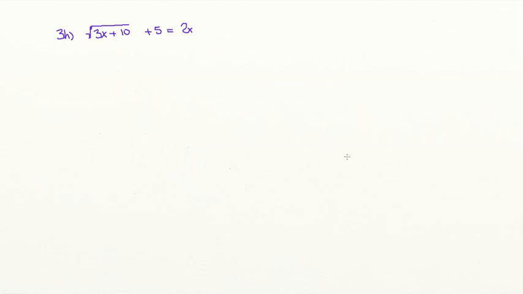3h. We need to solve this as well. I'm looking here. I have the square root of 3x plus 10 plus 5 equals 2x. Let's move that 5 to the other side. I'm trying to isolate my square root. Let's subtract 5 from both sides. And now I can square both sides.